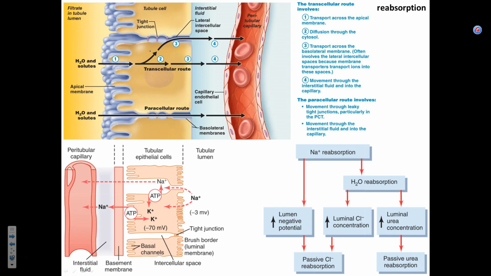So when these compounds from filtrates are reabsorbed back into the blood via the transcellular route, they have to cross something. Some really good barriers. Can you see those two barriers? What do we call those two barriers?